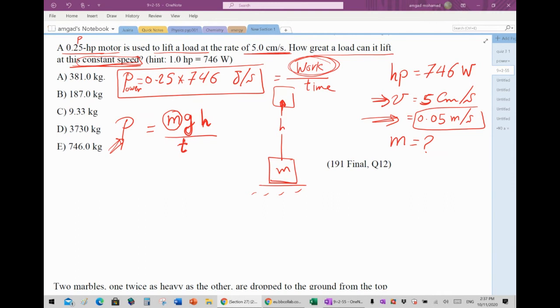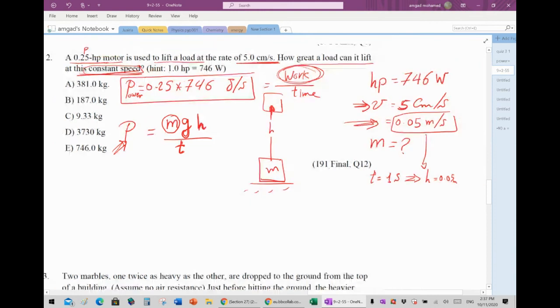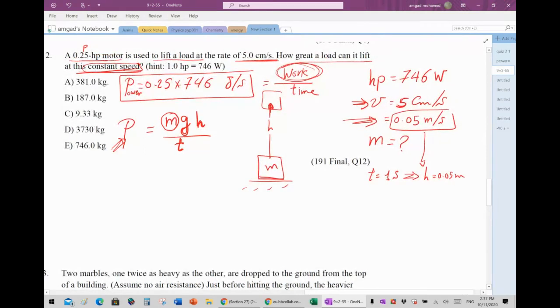It's a constant speed, 0.05 meter per second. That means every 1 second, you can lift it a height h equals 0.05 meter. That's what you want to do? Yes. Okay, good.